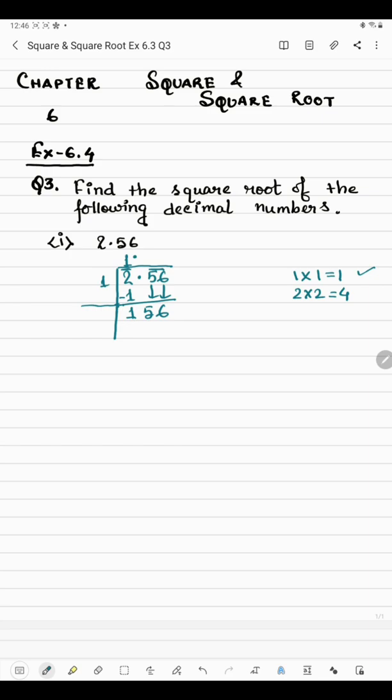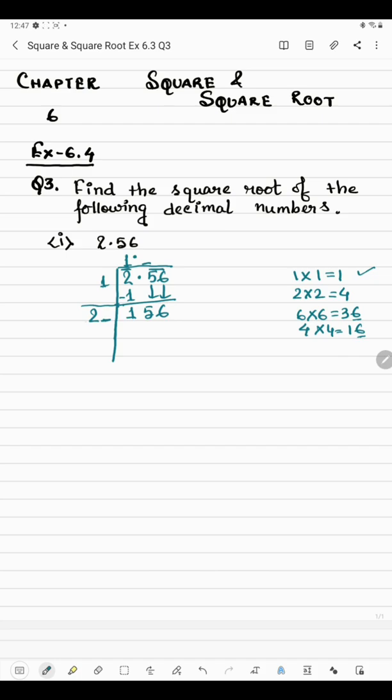Now we will have to take double of 1, so 1 plus 1 is 2. Now what should we take here? And the same number we will have to take over there. Here at ones place we have 6, that means 6 6s are 36, or we can take 4 4s are 16. So only in these two cases we get 6 at ones place.